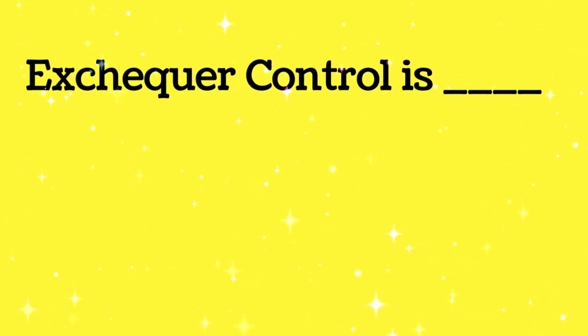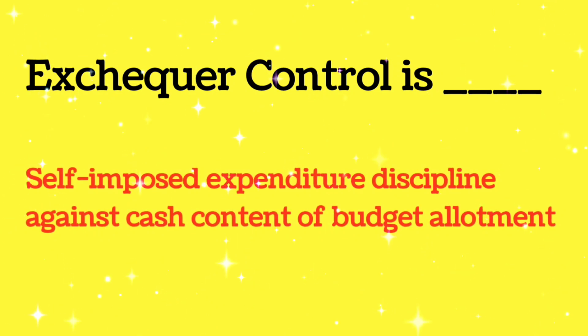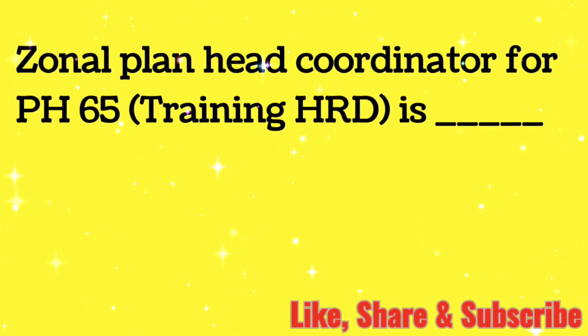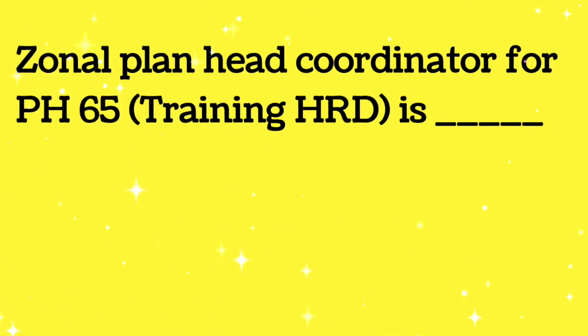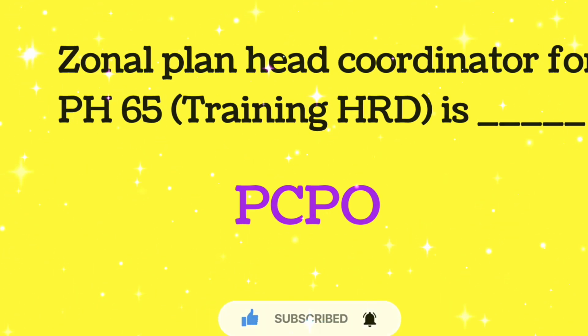Exchequer control is self-imposed expenditure discipline against cash content of budget allotment. Zonal Plan Head Coordination for PH65 Training HRD is dash. It is PCPO.